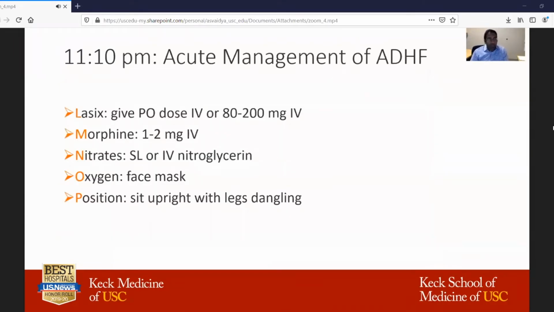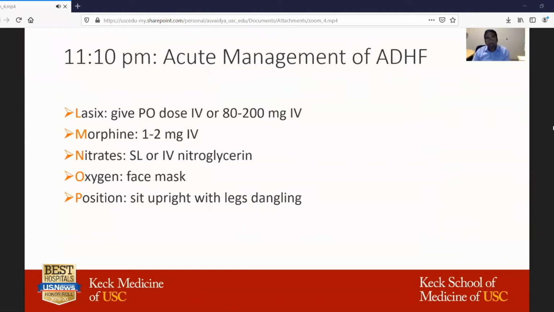So now that you have your physical exam under your belt, and some basic information about the patient's hemodynamic profile and what the prognosis could be in the near and long term, you want to start treating the patient for acute heart failure. What do you do? You give them a Lasix dose that's either the IV equivalent of their PO dose.